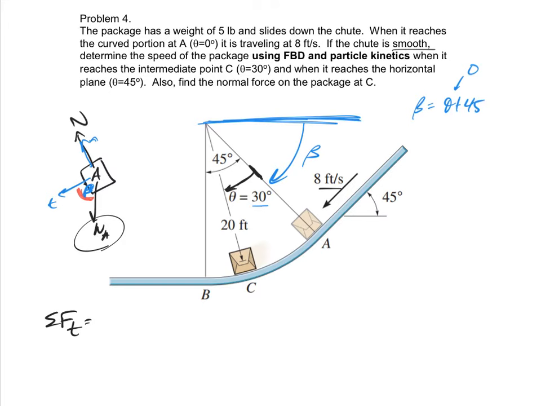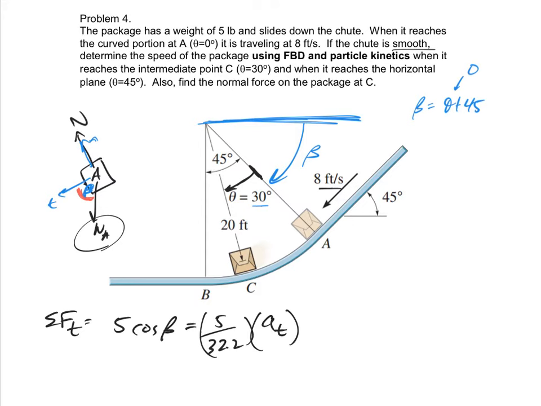The weight of A is 5, and 5 cosine beta is the force in the tangential direction. And that would be equal to mass, 5 over 32.2, times acceleration.